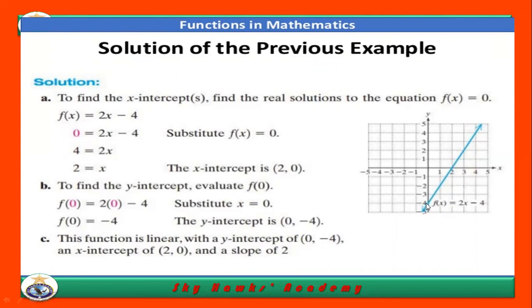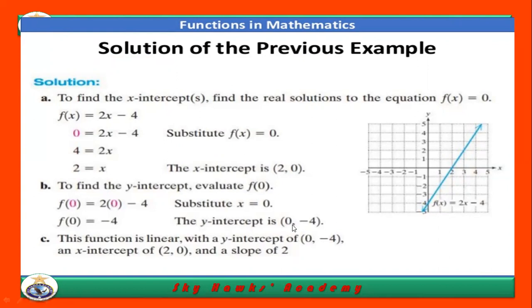And we can find that also by using the formula to find the y-intercept. Evaluate f at 0. What I mean to say is that each and every x in the given function must be replaced with 0. So to find the y-intercept, f(0), we are replacing each and every x with 0. So 2 times 0 minus 4, f(0) is minus 4.